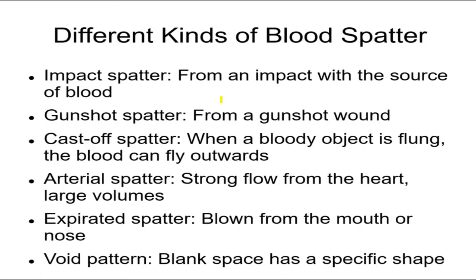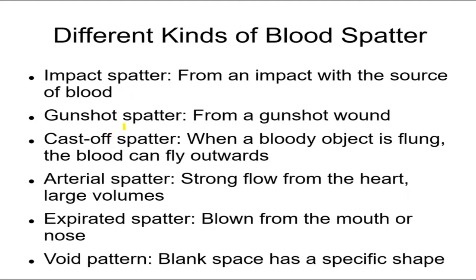There are many different kinds of blood spatter that you have to look at and try to identify. The simplest kind is impact spatter. There's an impact, let's say a club hit a hand, and it bled, and it spread out and hit the wall. So that comes from the impact.